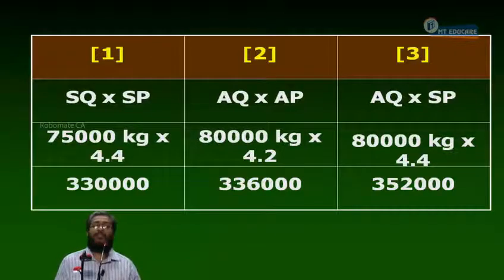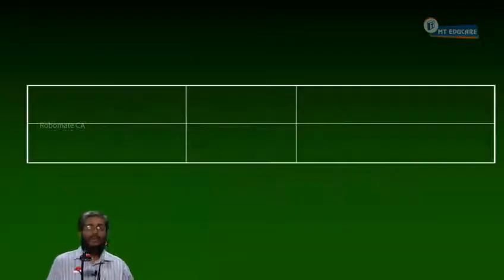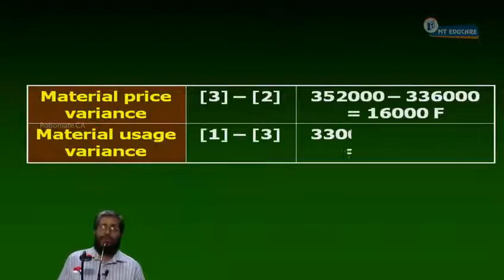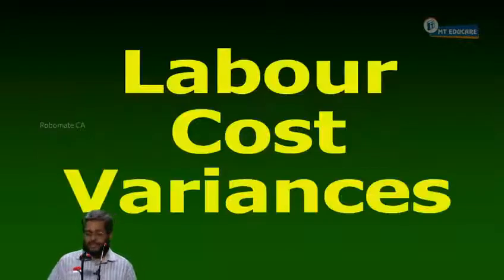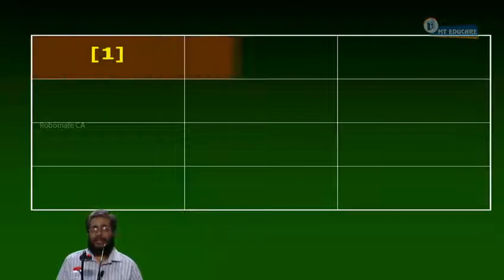Now, part two: labor cost variances. Single labor, not mix of labor. How many columns here? 3 columns.